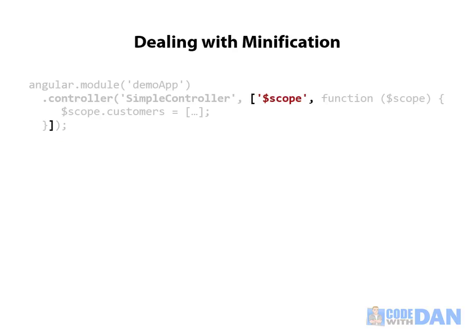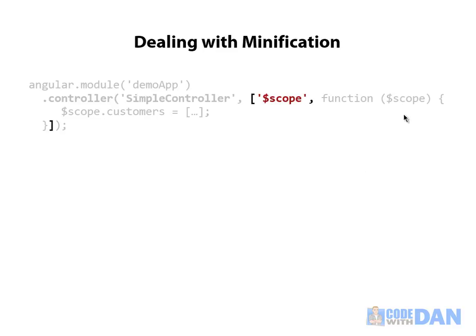Well, there's actually a couple options. One option is when you actually define your controller here and give it a name, right before you give it either the object or the function for the controller functionality, you can put square brackets, and then in quotes, you would give a list of all the parameter names that would go here. So right now I only have one, which is $scope.